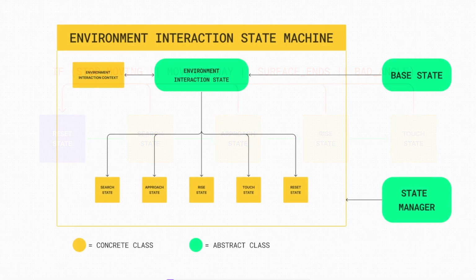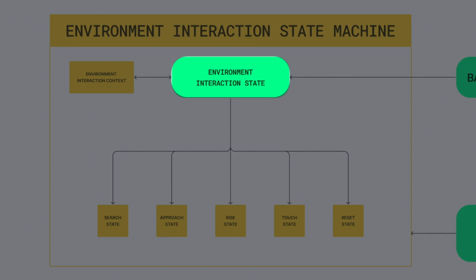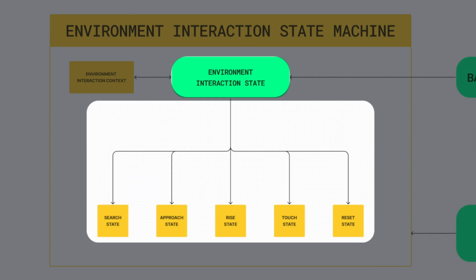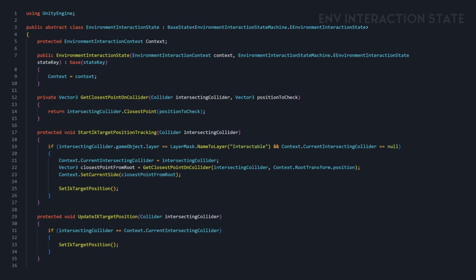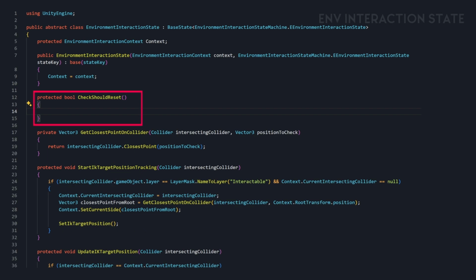Just like when we created shared methods for each on-trigger callback, we can create another method in the environment interaction state designed to check these conditions. Defining it here means that it can be inherited by all of the concrete states. We'll create a protected method, check_should_reset, which will return a boolean. Let's implement the first trigger, reset if the character stops moving.